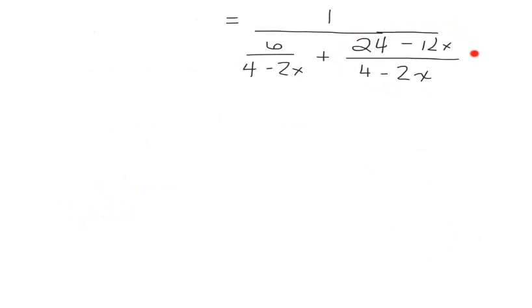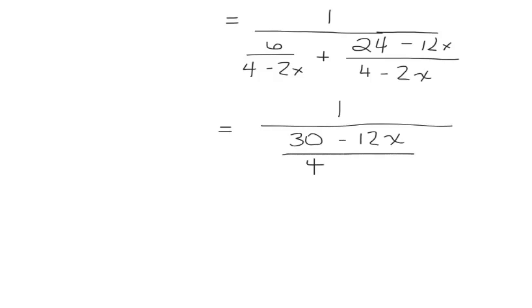This gives us 24 minus 12x all over 4 minus 2x. And now we can go ahead and add up our fractions in the denominator. So we get 1 over 6 plus 24 will give us 30 minus 12x all over 4 minus 2x.